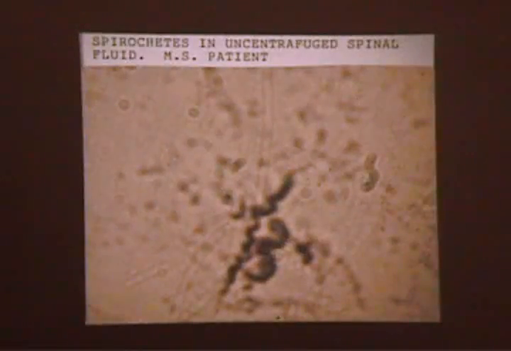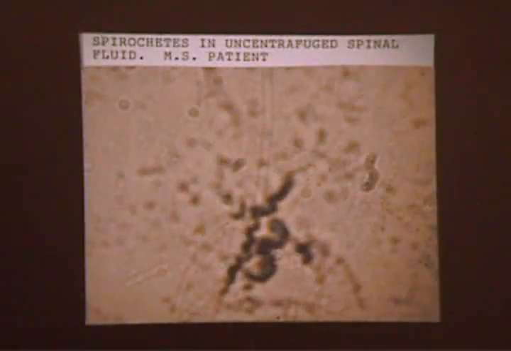This is uncentrifuged spinal fluid. It's so loaded that you see a spirochete in MS spinal fluid. You know, that's one good thing about this. I said we had a happy note here. Anyway, very often there are so many organisms present in these spirochetal diseases that all you need to do is incubate the sample.